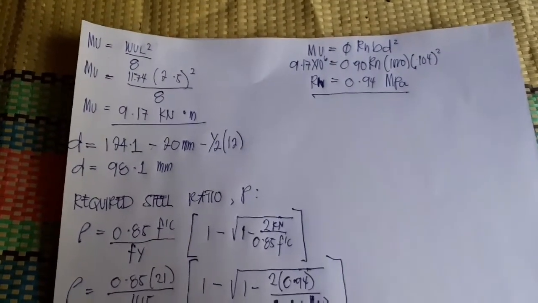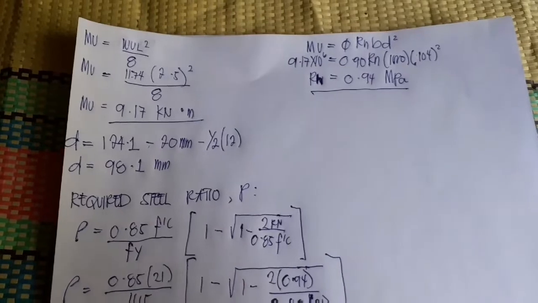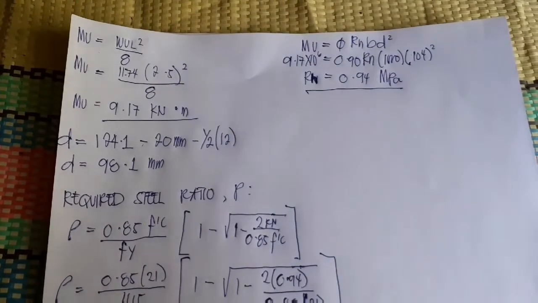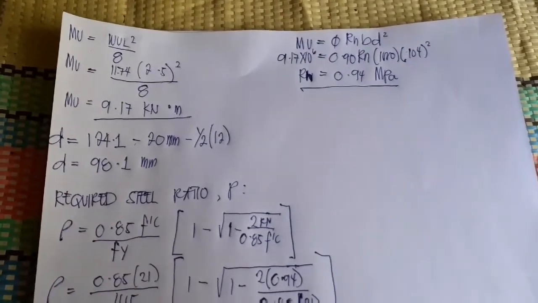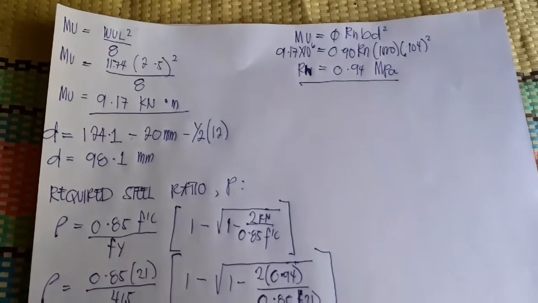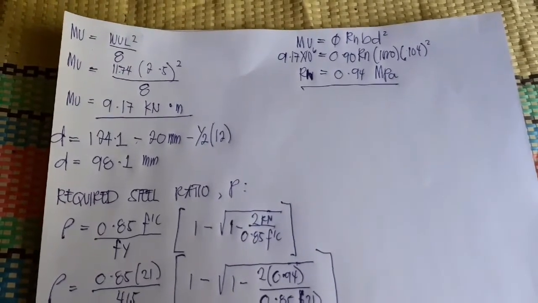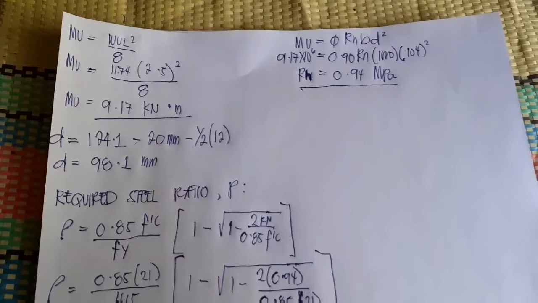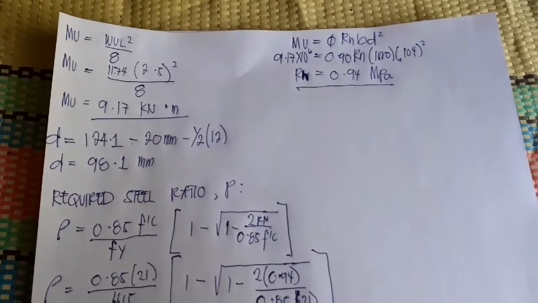Calculate the factored moment. The factored moment is equal to Wu L squared over 8. So the factored moment is equal to 11.74 times the 2.5 span squared over 8.